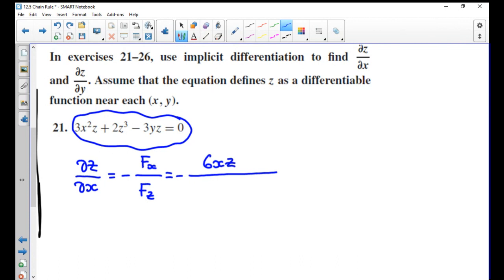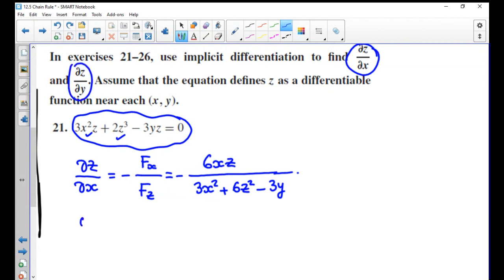And then down, the derivative with respect to z: the first term is 3x squared, the second term will give you 6z squared, and the third term will be minus 3y, and that is the answer. So that is dz over dx.